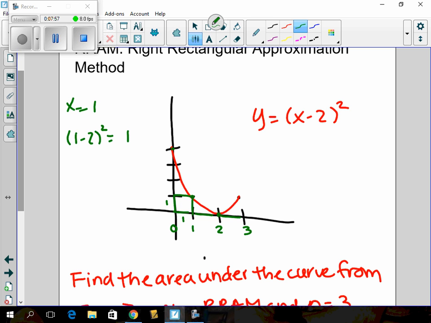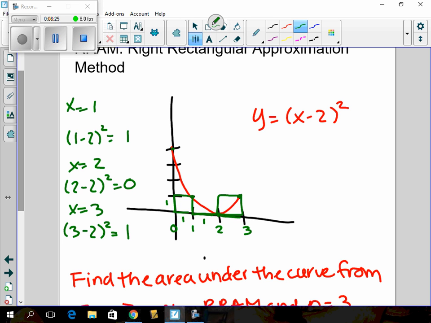If I'm looking at x equals 2, 2 minus 2 squared, that's 0. So this rectangle doesn't have a height, so it's just going to be a straight line. It's just going to be 0. And then my last right-hand side, so from x equals 3, 3 minus 2 squared, that's equal to 1.